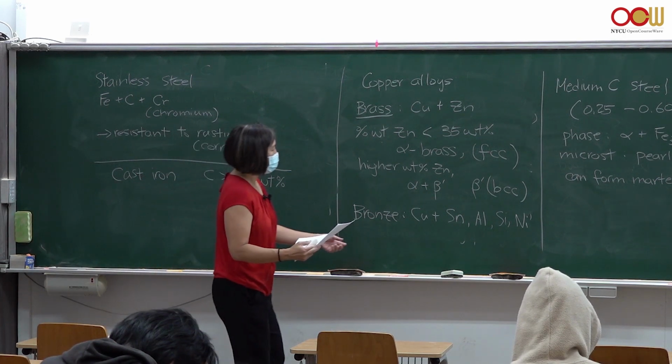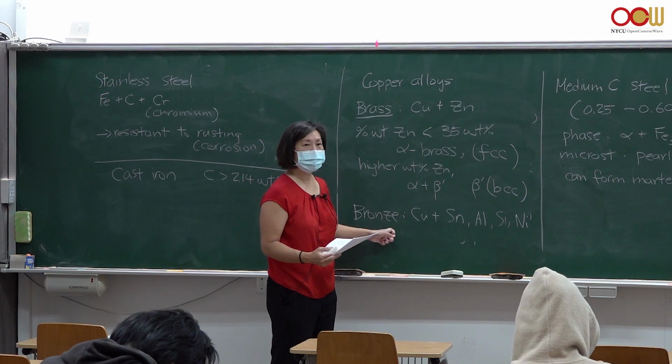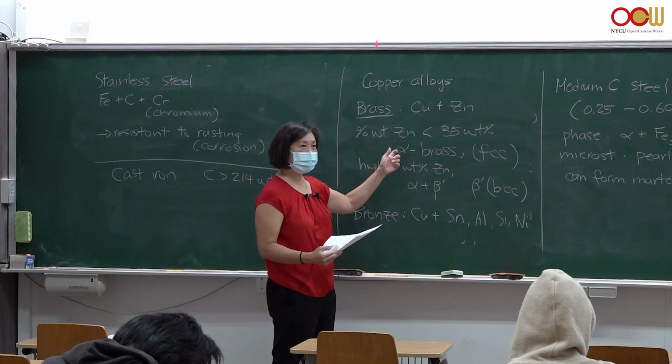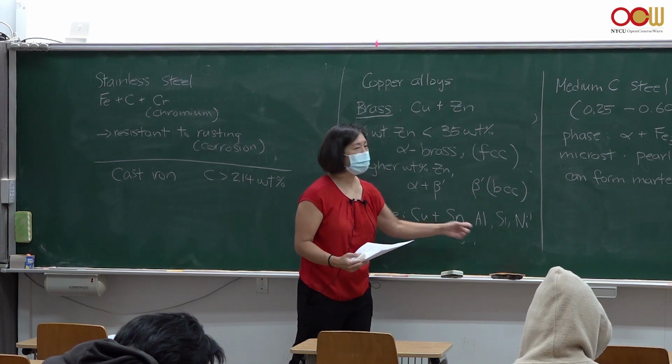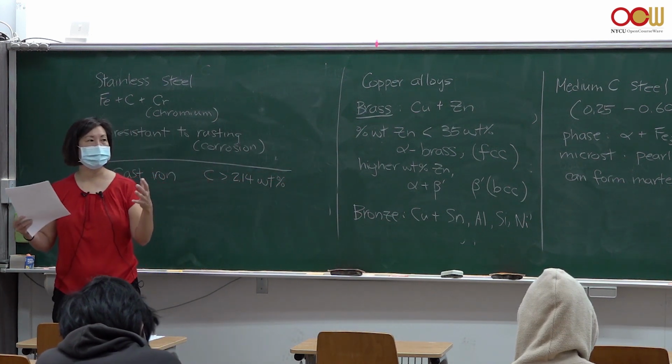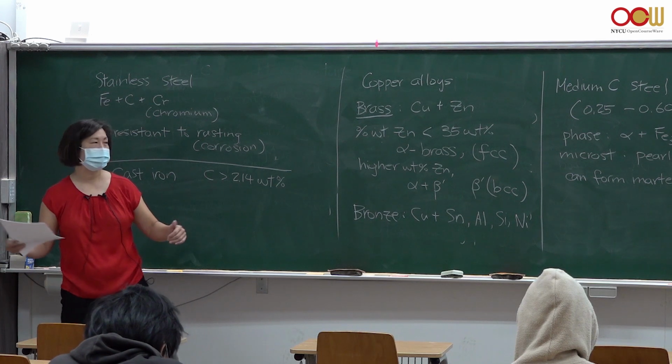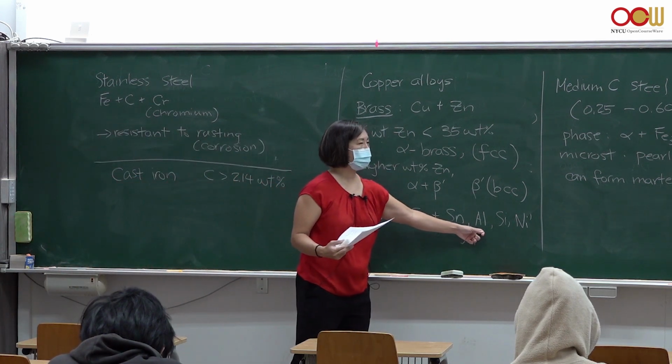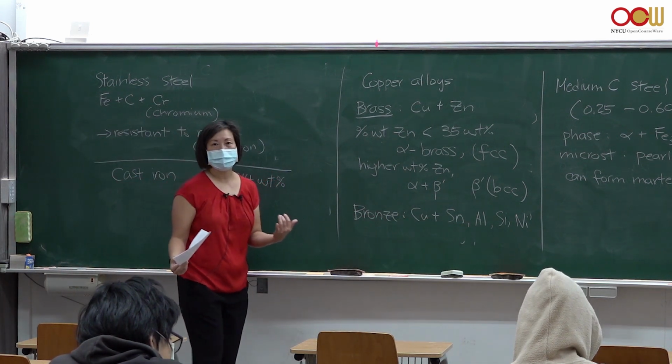And also, it will be more corrosion resistant than brass because the aluminum tends to form an oxide, just like in stainless steel where the chromium forms an oxide layer and protects the rest of the steel. Aluminum tends to form an oxide to protect the rest of the bronze.